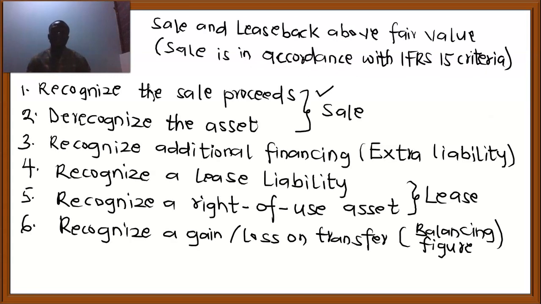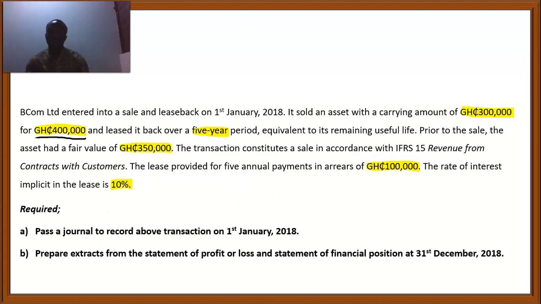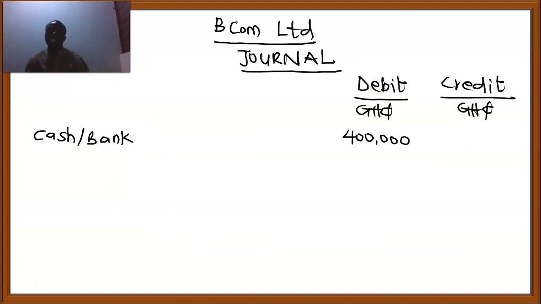The second step is to derecognize the asset. Once it has been sold, we no longer own it, and so Become Limited should derecognize the asset. It should take off the carrying amount from its books, and the carrying amount of the asset is 300,000. Since assets have a debit balance, derecognizing them means you have to credit them.